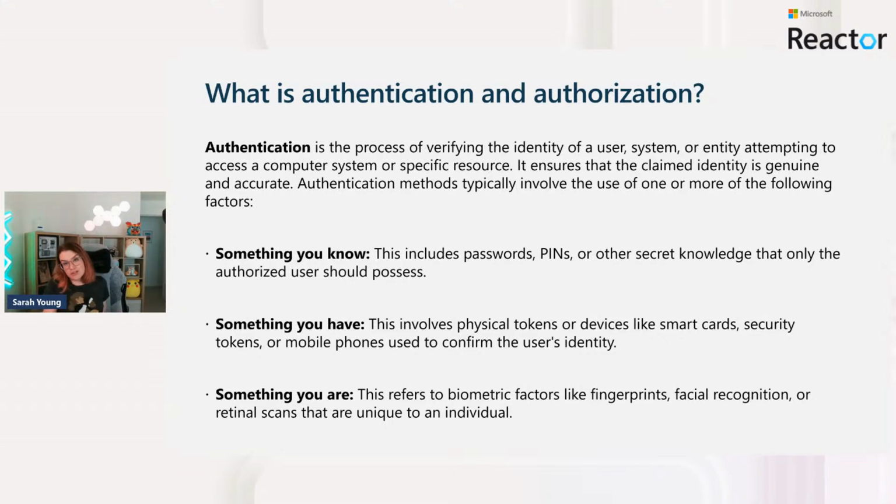And that's because, of course, say it's something you know. The most obvious one here is a password or a PIN. If someone learns that, or if you write it down on a sticky note, which hopefully you don't, but we know people do, that can be disclosed, and then someone else can use it and log in as you, pretend to be you.